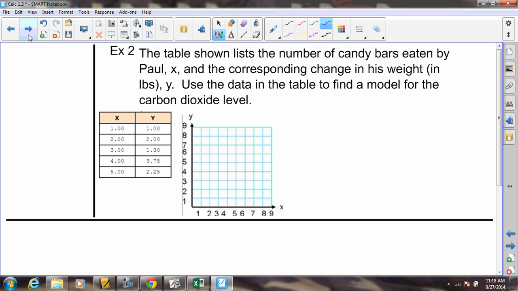So we would have 1, 1, 2, 2, 3, 1.3, 4, 3.75. Oh, that's not right. Yes, Darian, it is located under Stat, Edit. You'll have to type them into List 1 and List 2. And then lastly, 5, 2.25.